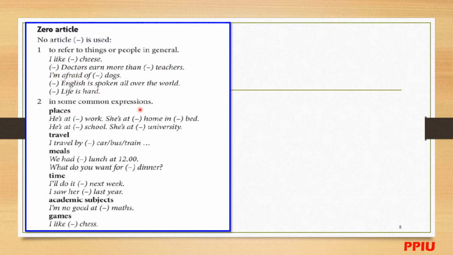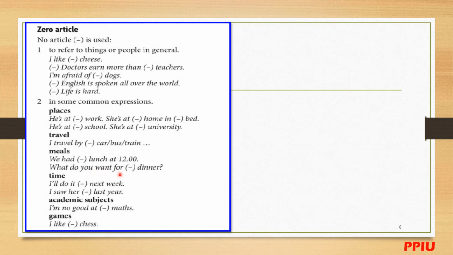In some common expressions. Places: he's at work, she's at home in bed, he's at school, she's at university. Travel: I travel by car, by bus, by train, by foot. No article here. Meals: we had lunch at 12.